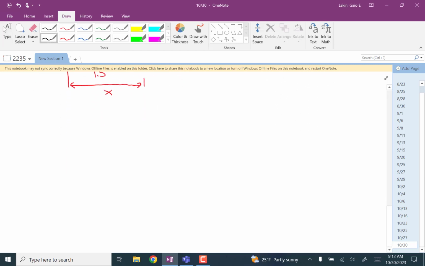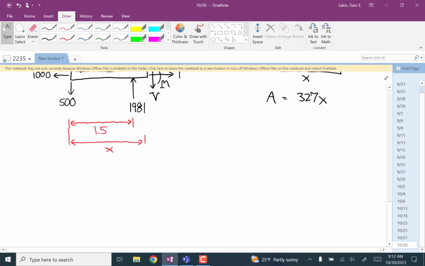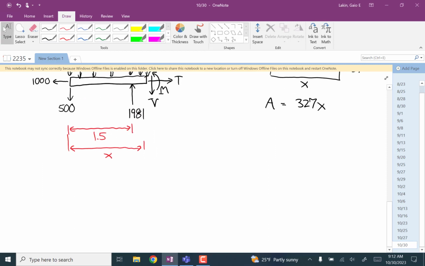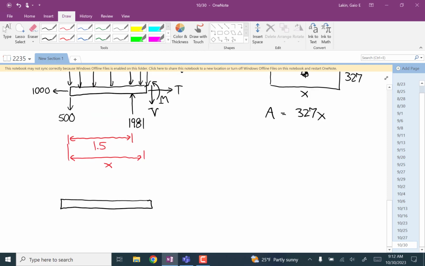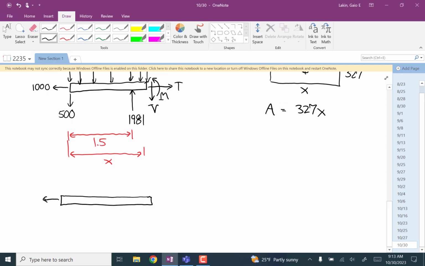And so now I'll draw this again. So all of the things that are point loads just go back in here. But now we're going to represent that distributed load with its point force.